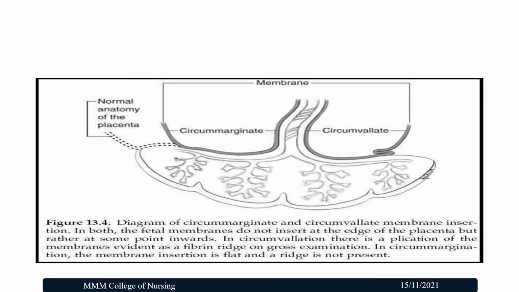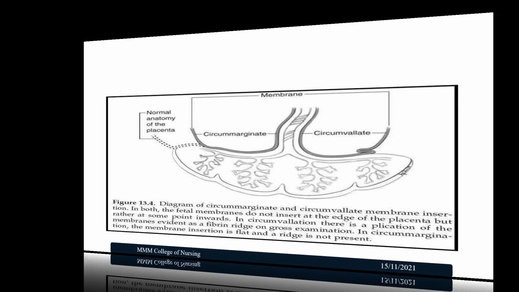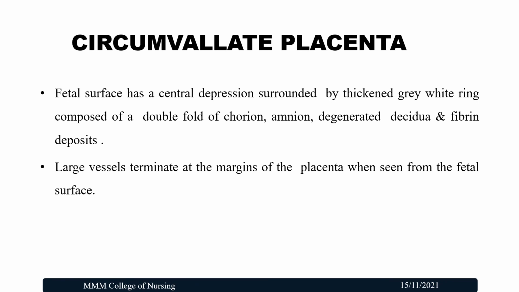Here in this diagram, you can see the circummarginate and circumvallate placenta. There is a folding in the circumvallate, but there is no folding in the circummarginate. What is the circumvallate placenta?